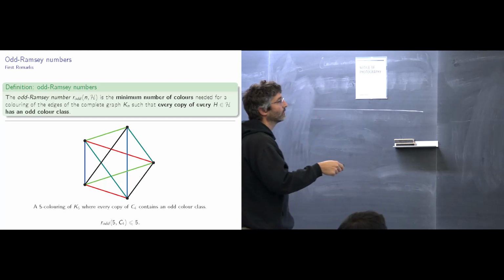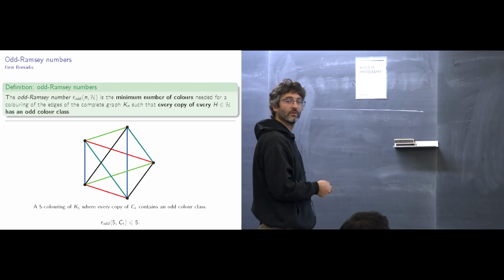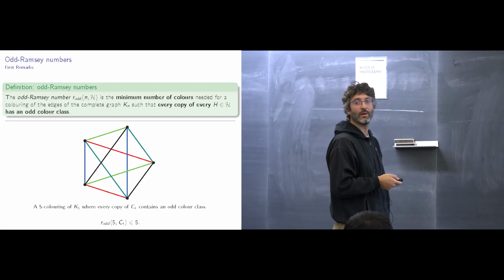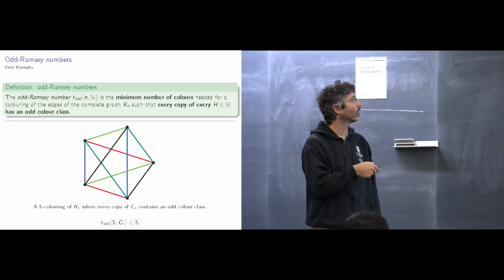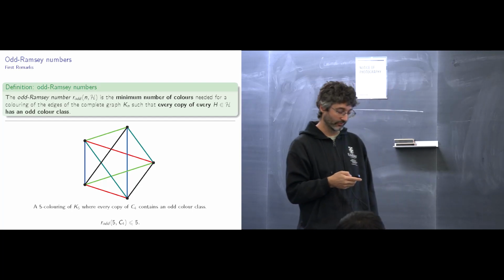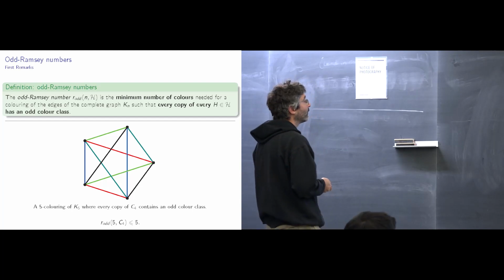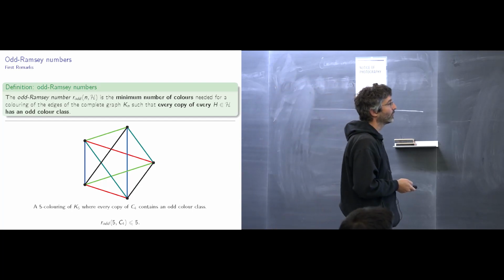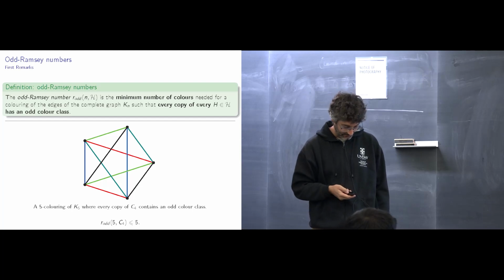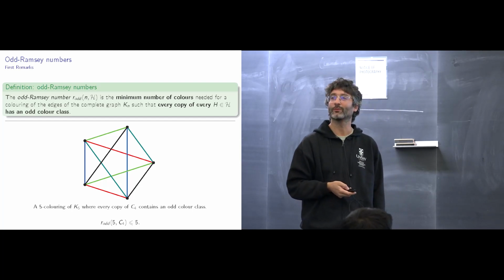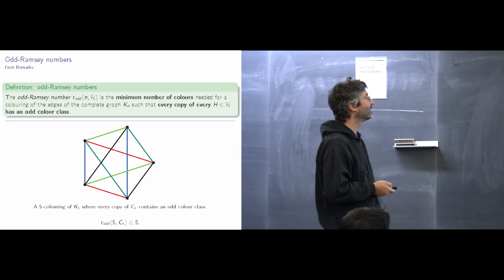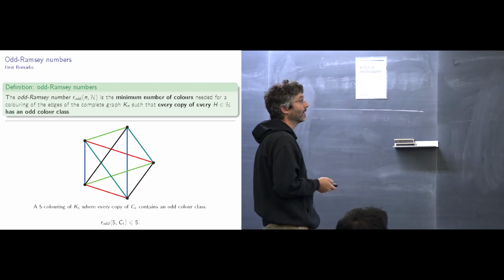So if you replace that condition by contains at least 2 colors, you get back the Ramsey number. So that's what we call Odd-Ramsey numbers. It's a fairly new parameter. We're not the first ones to think about the other one, but it's quite fun to play with. It seems easy sometimes and just impossible other times.